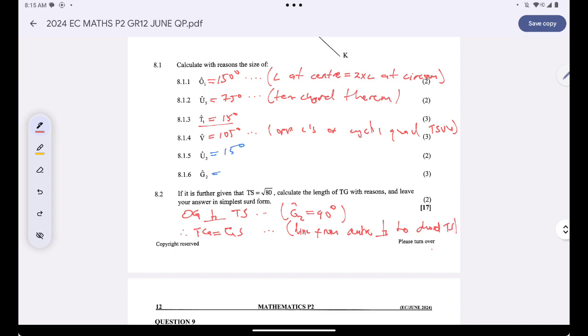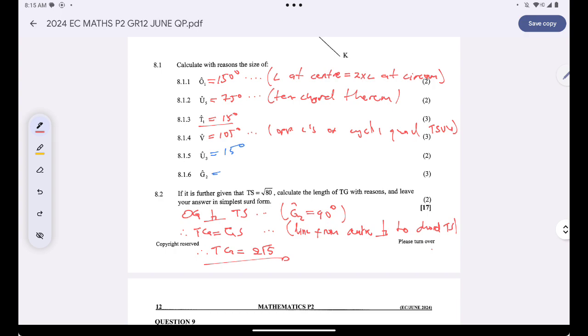Are we together? So therefore I can simply say TG is equal to 2 root 5. TG will be equal to half of TS.